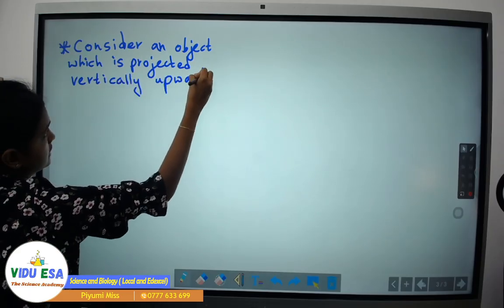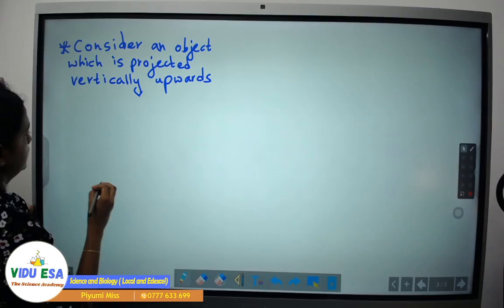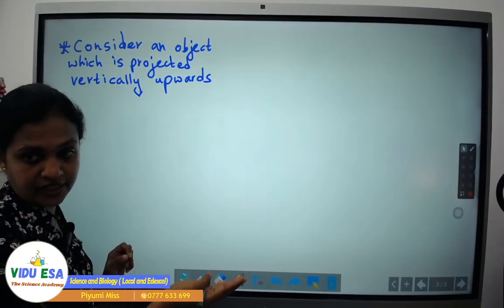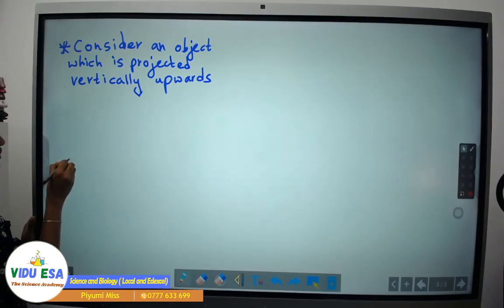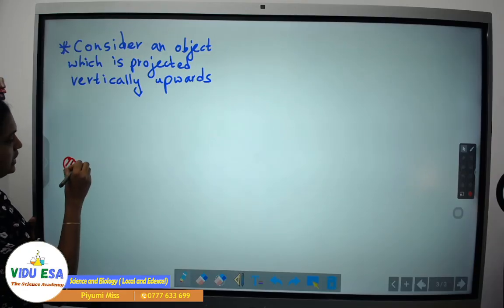Vertically upwards. Right? In order to project something vertically upwards, it should have an initial velocity. If it is 0, it will not move. There should be an initial velocity.